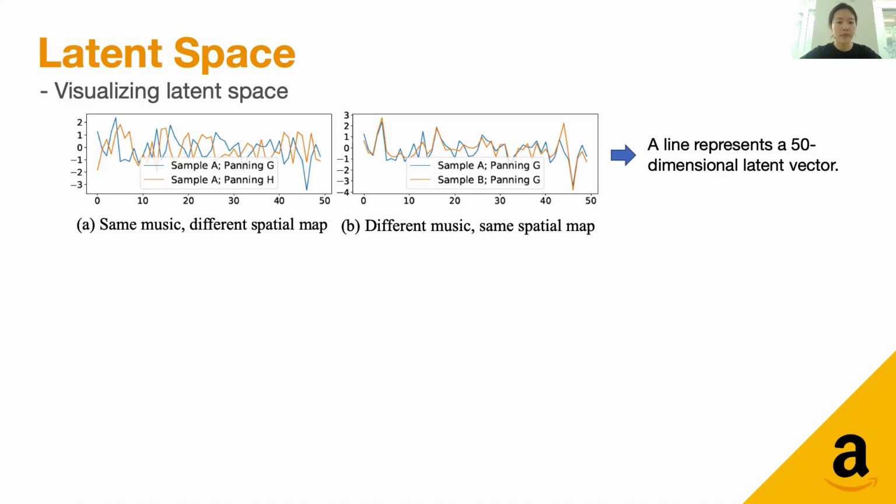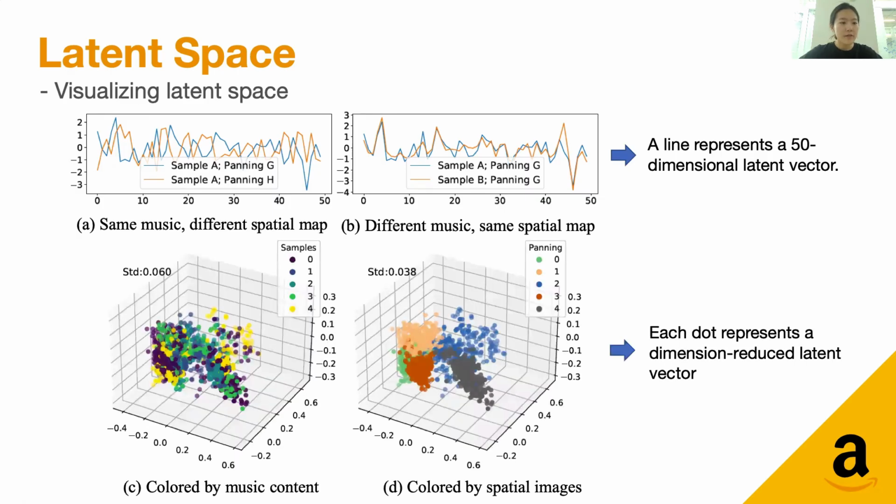Again, the similarity here signifies that the latent vectors are explaining the spatial information rather than the music content. To view it in a more general picture, in figures C and D, we show a dimension-reduced latent space. The 50-dimensional vectors in the top figures are now represented by each dot in these 3D coordinates. In figure C, we color the dimension-reduced latent vectors by their music content, where you can hardly find any pattern.